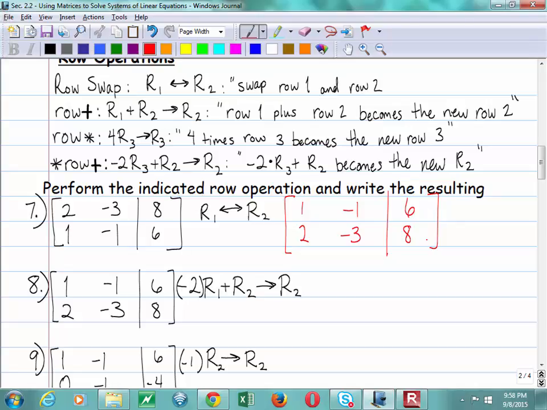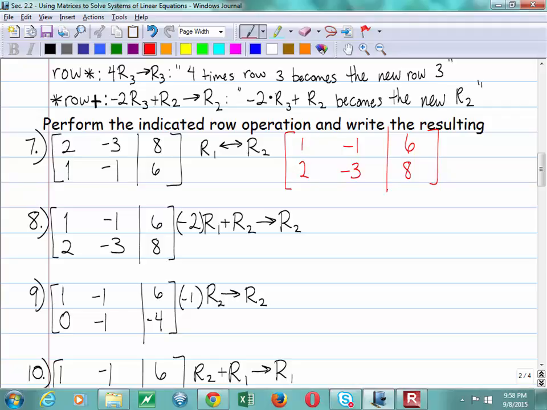And then number 8, you may notice that the starting matrix for number 8 is the same matrix that we got for the answer on number 7. And number 8 says we're going to do -2 times row 1 plus row 2 to get the new row 2. So we're going to go to row 2, we're going to do -2 times 1, and then -2 times -1, and then -2 times 6.